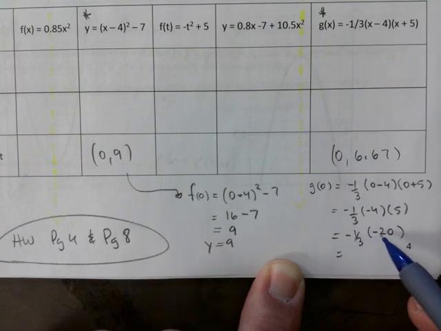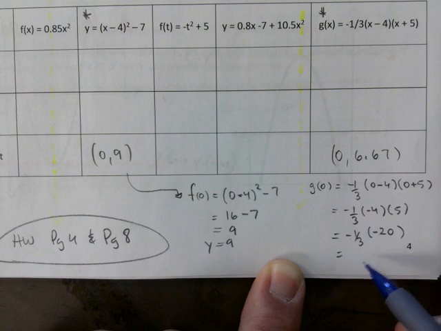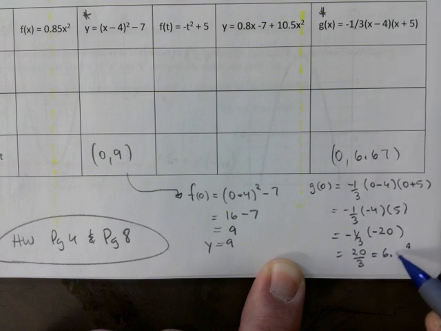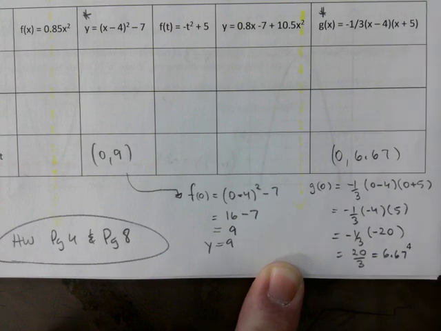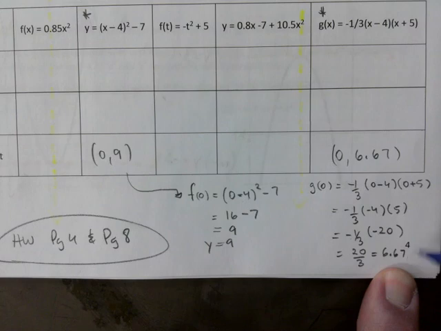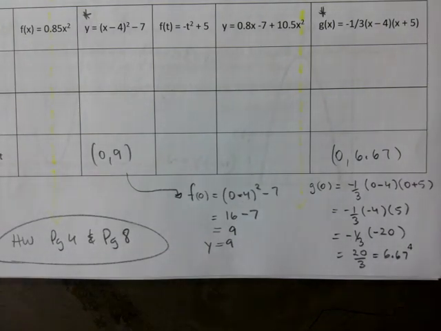And the two negatives, when they multiply, give you a positive. So it's essentially 20 divided by 3, which is 6.6 repeated, but we round to 2 decimals, right? So that's how I got the 6.67 there.